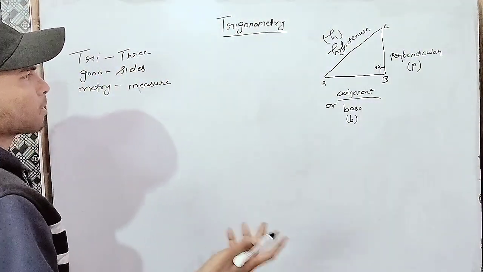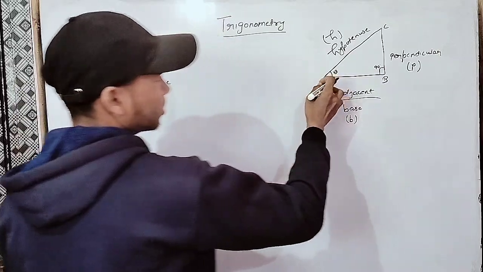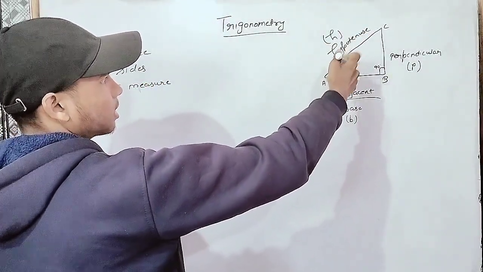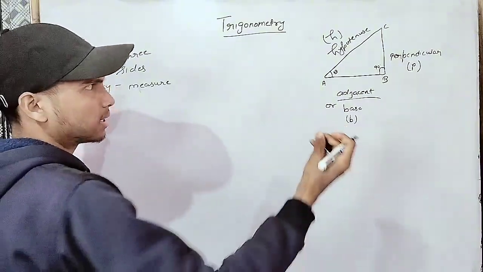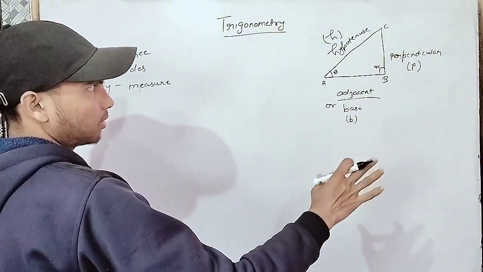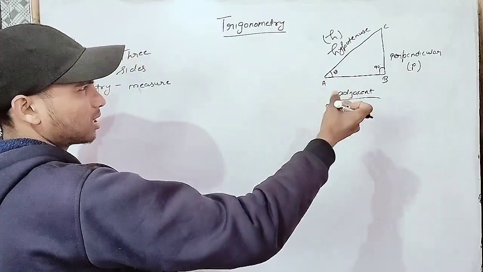If we don't know the value of angle CAB, then we can write theta. We use theta when we don't know the value of an angle. Already we have discussed theta. It is simple.